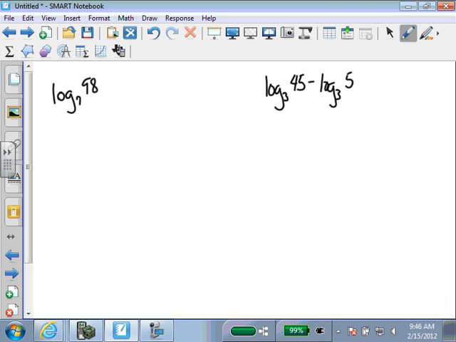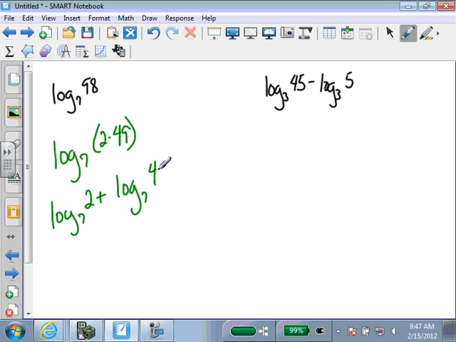Okay, so what if we had some problems with numbers and someone said, you don't get to use a calculator. You just have to do the best you can. Well, I might look at log base 7 of 98 and throw up my hands in despair. Someone else might look at it and say, oh, that's log base 7 of 2 times 49, which means it's log base 7 of 2 plus log base 7 of 49.